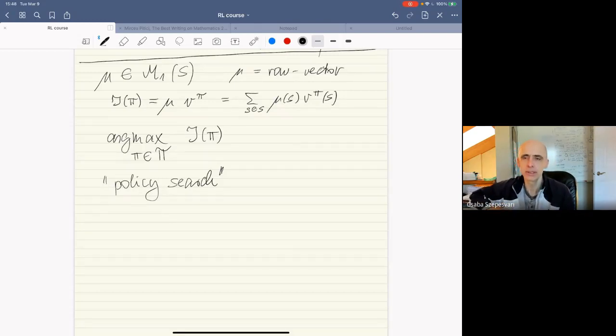Is this an easy problem? Is this a hard problem? It's a computational and query efficiency question. Well, I guess I should be a little bit more specific. Let's say you're in the Boltzmann class, the Boltzmann linear.